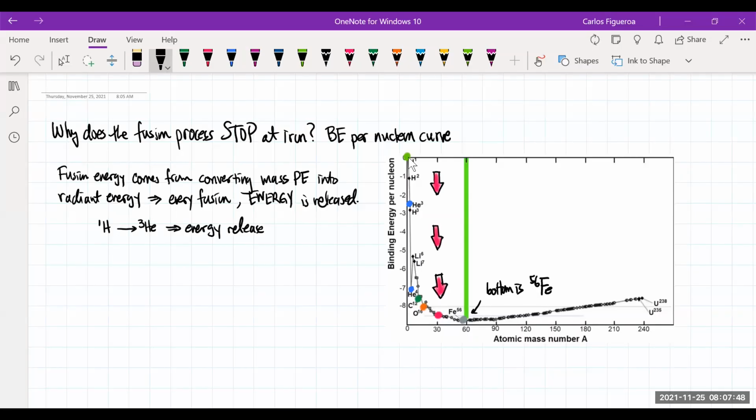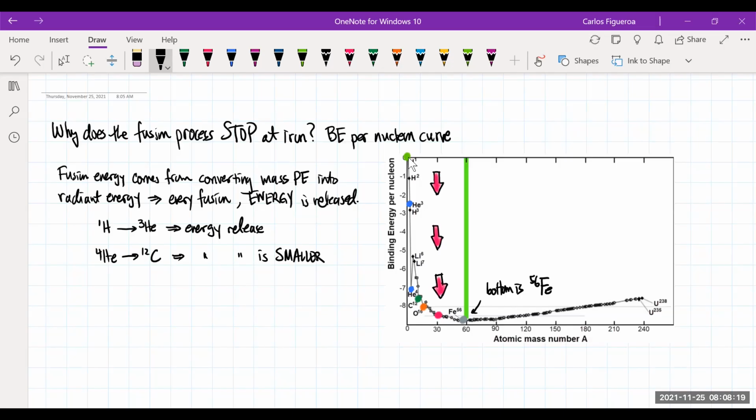And then as we go from helium 4 to carbon 12, again, you get energy release. But what you're seeing here is that the energy release is smaller. Why? Because it's harder to burn helium to create carbon.